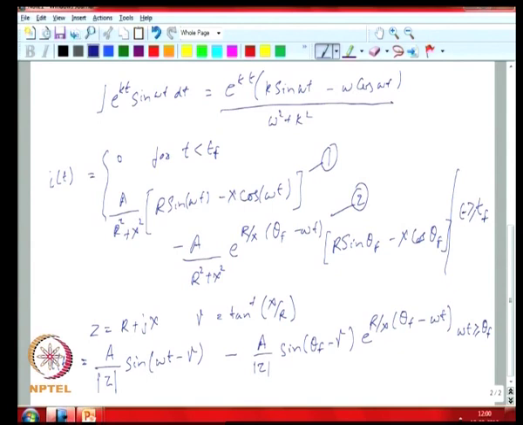So, you can see that essentially the first term is the AC term, that is what you get from your phasor analysis.